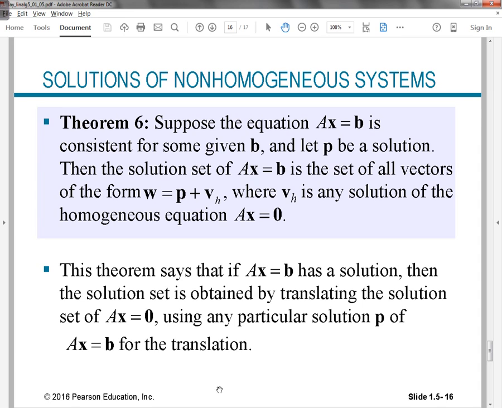And then we just add them together, and then that will complete our solution for this non-homogeneous linear system.